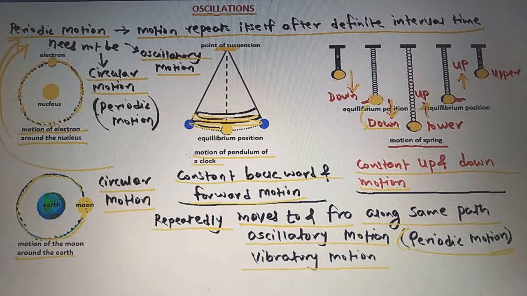So we can write here: every oscillatory motion is a periodic motion, every circular motion is also a periodic motion, but every periodic motion need not be an oscillatory motion or a circular motion.